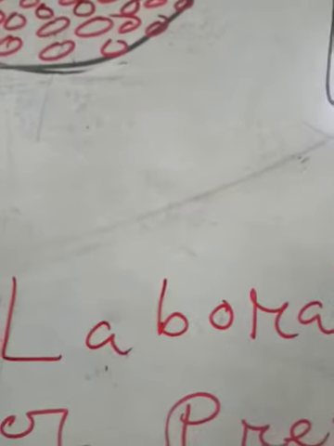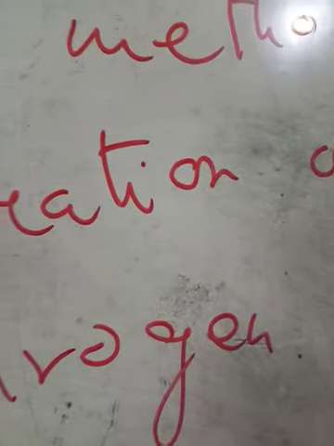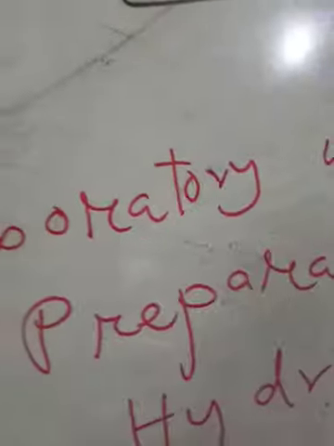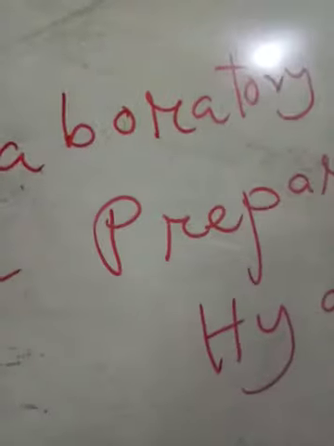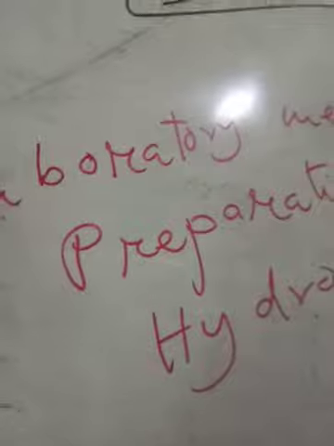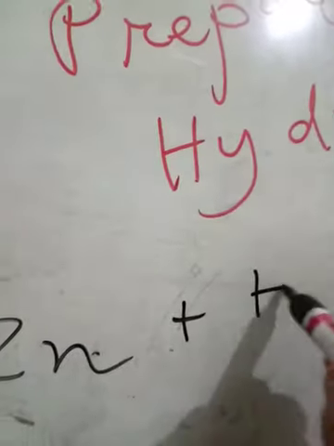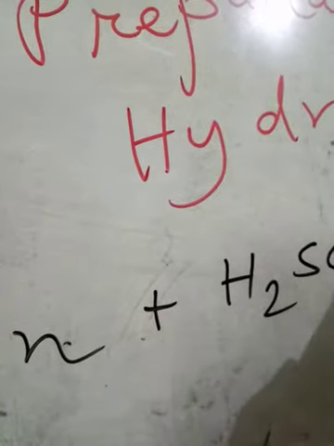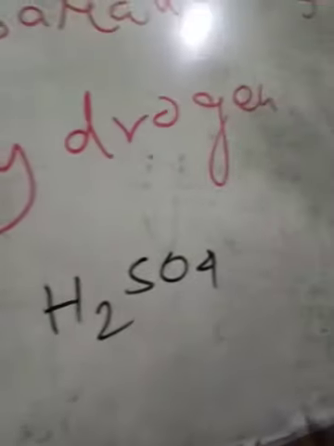Today I will discuss the laboratory method of preparation of hydrogen gas. Now, to prepare hydrogen gas, we take zinc metal, granulated zinc. To it, we add dilute sulfuric acid or dilute hydrochloric acid.